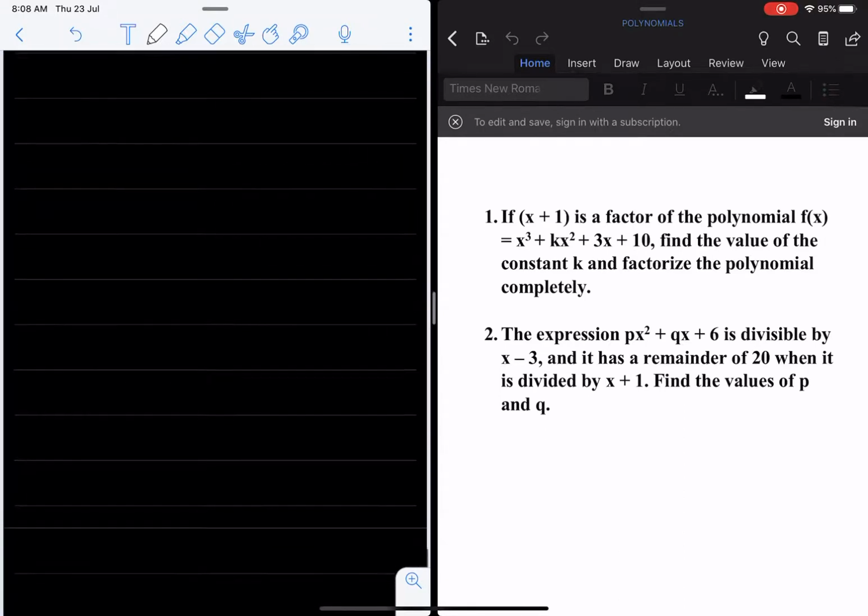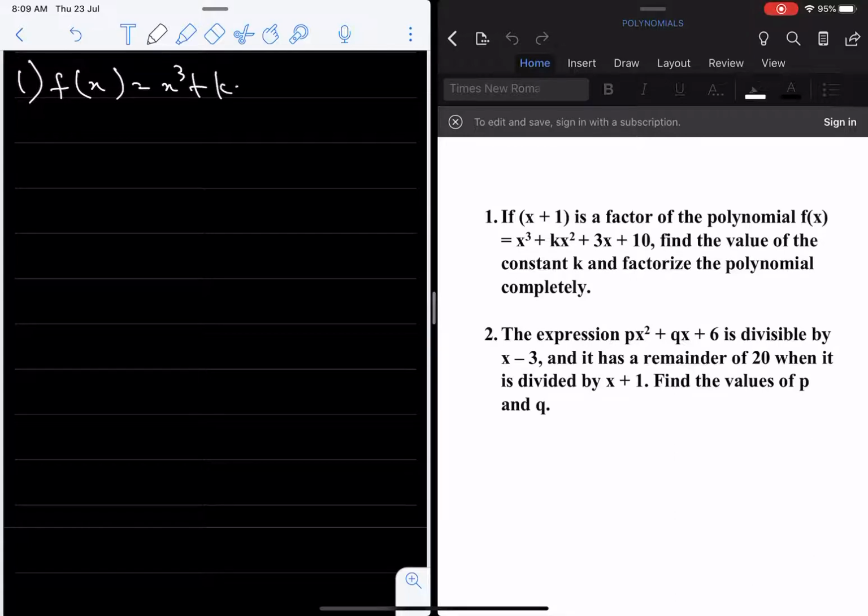We have that number one, f of x is x cubed plus kx squared plus 3x plus 10.